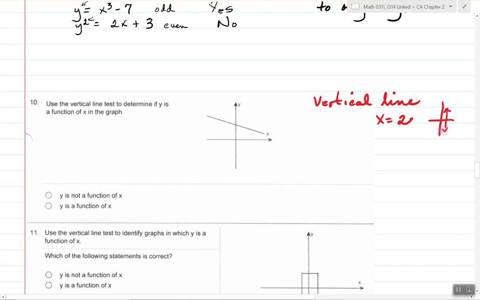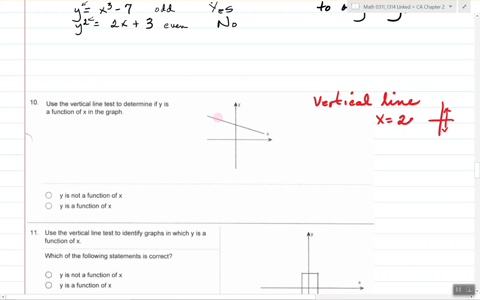Every point on that vertical line, the x is 2. The y might be 0, the y might be 1, the y might be 5, the y might be negative 4, but the x is 2.